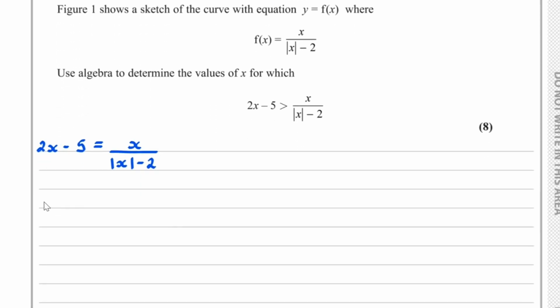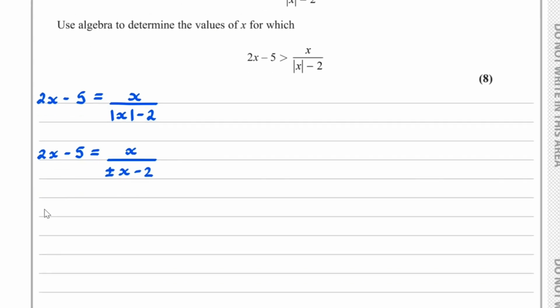So, we've got 2x minus 5 equals x over plus minus x minus 2. Let's begin with the positive. We've got 2x minus 5 equals x over positive x minus 2.